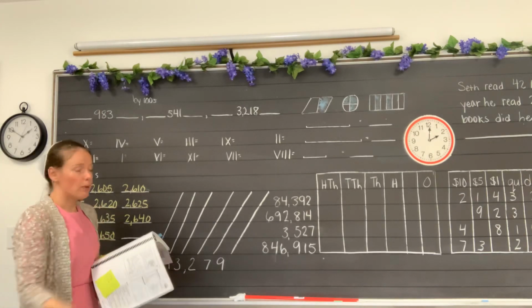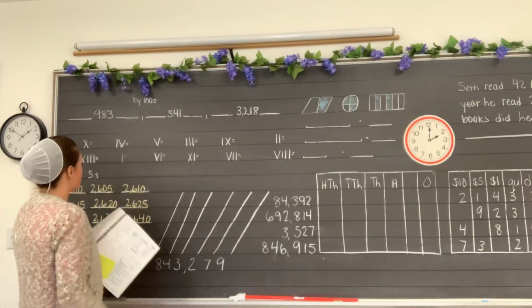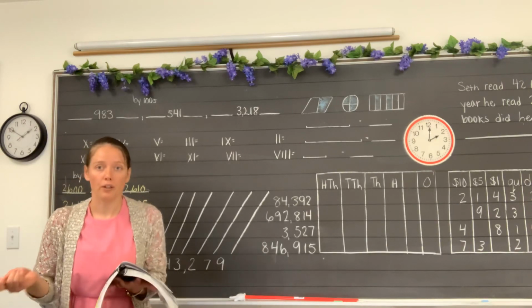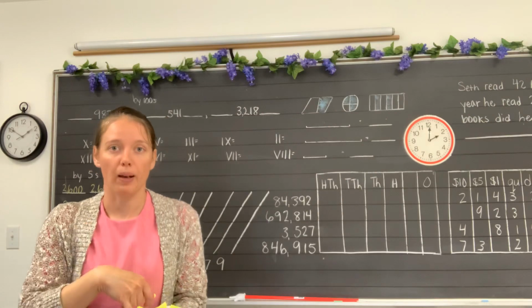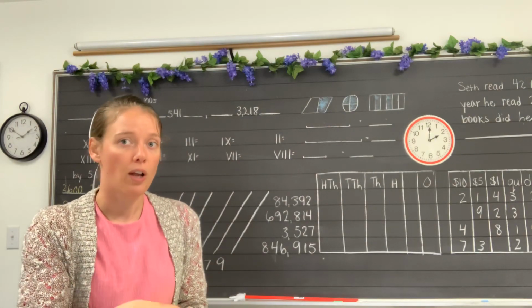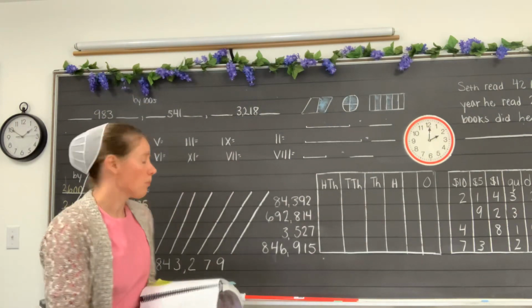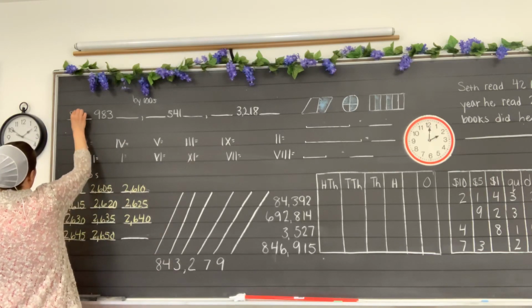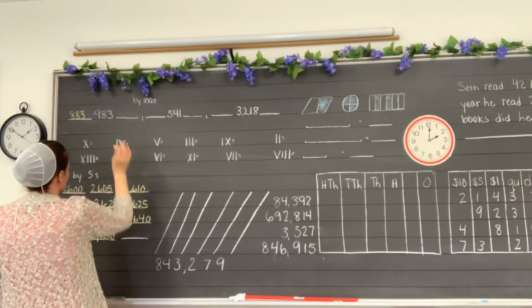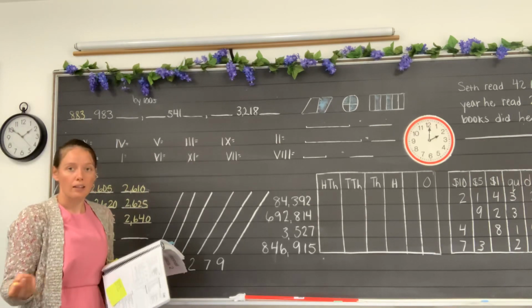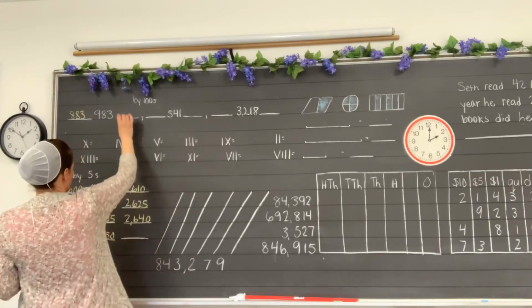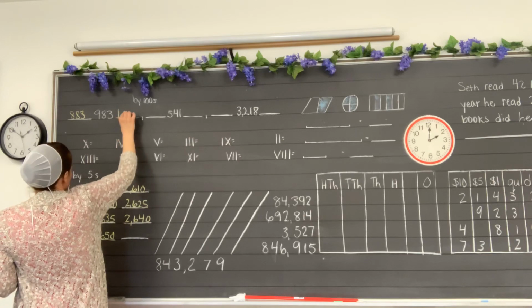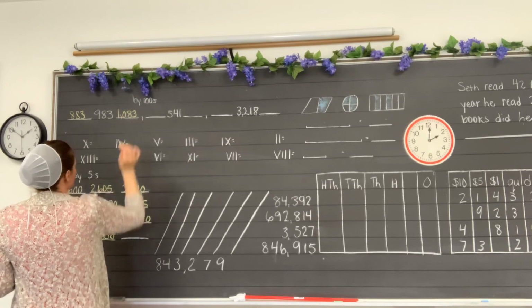Okay, and then over here we have going by hundreds. So when we go by hundreds, we look in the hundreds place and we will change that number, and the rest of them stay the same. So before 983 would be 883. After 983, 10 comes after 9, so the number would be 1,083.